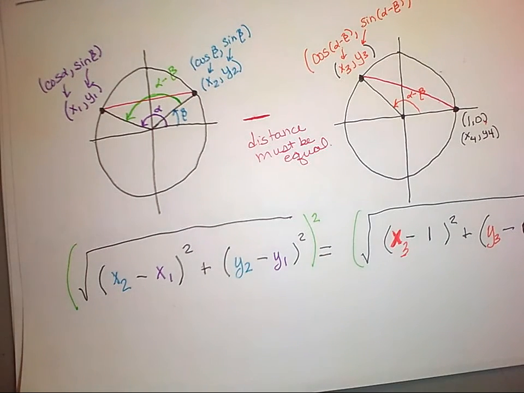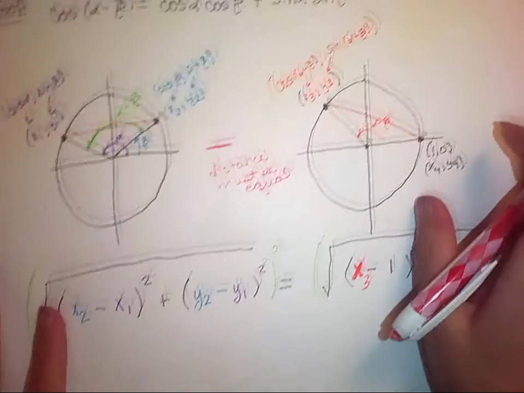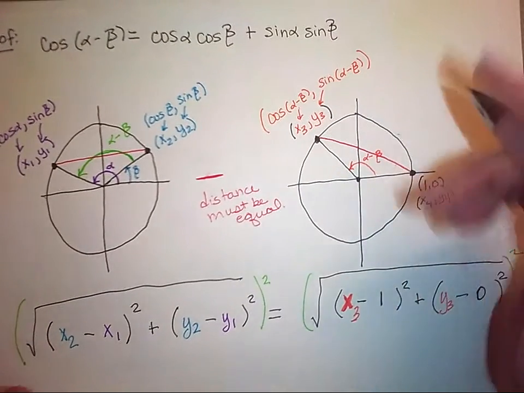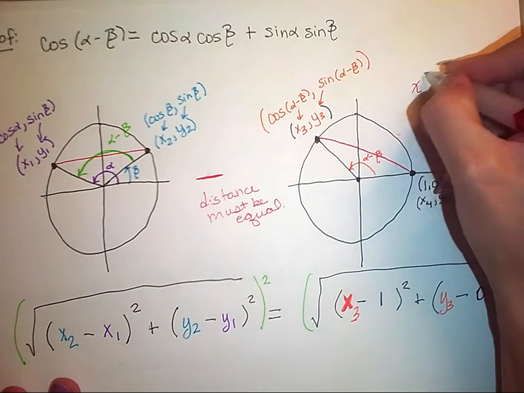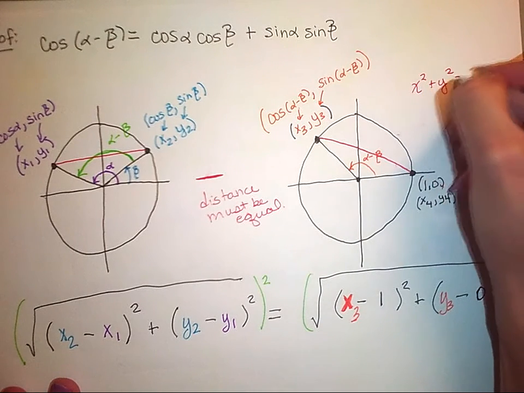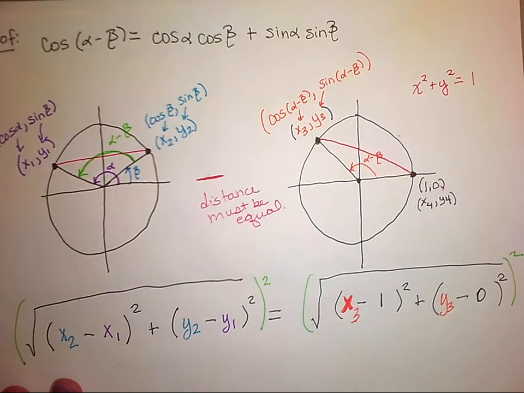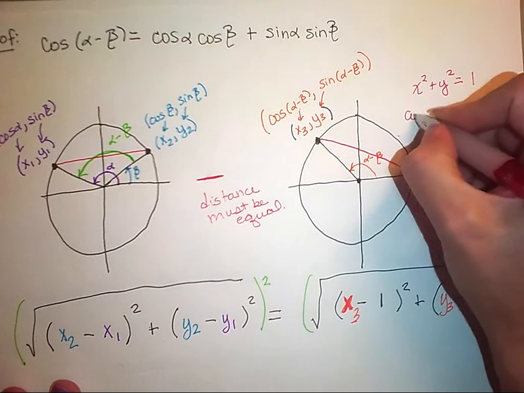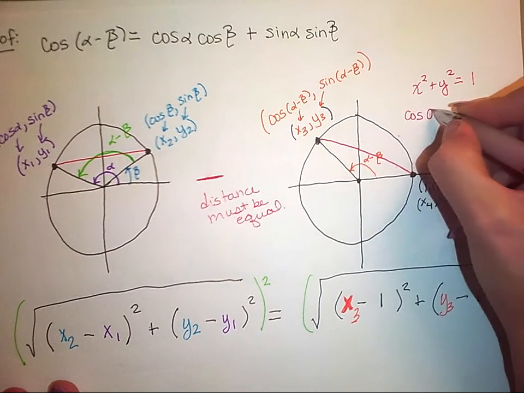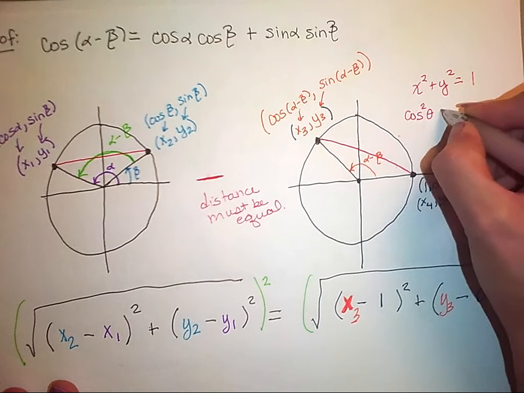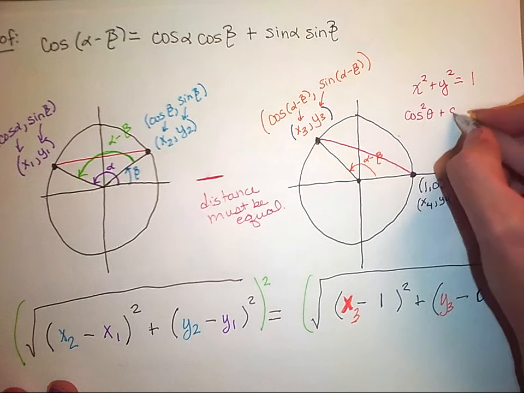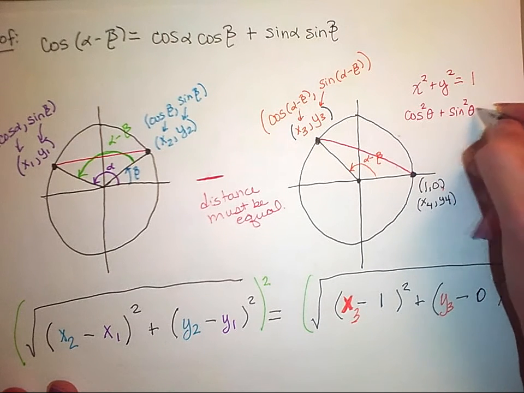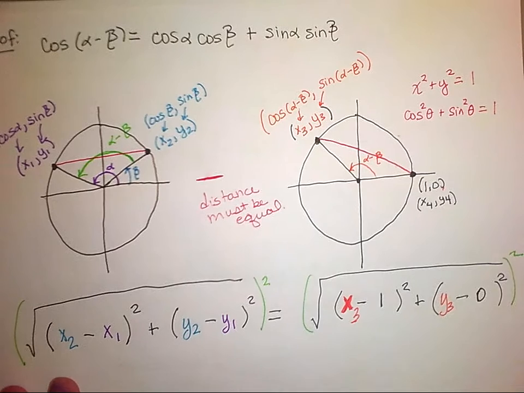One other thing we need to keep in mind, because we're on the unit circle, remember the equation of any unit circle is x squared plus y squared is equal to 1, which directly leads us to the cosine of any angle. So cosine squared theta plus sine squared theta must be equal to 1.